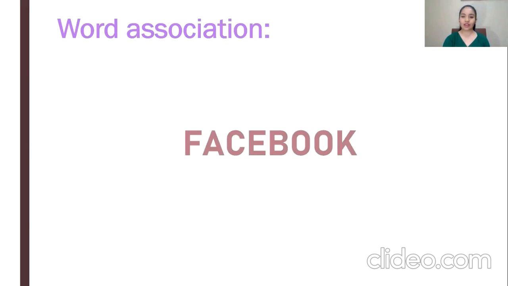So please think of as many words as possible and then write them around the word Facebook. Okay, so we have posts, wall, friends, status, pictures, memes. Excellent, everybody, good job.